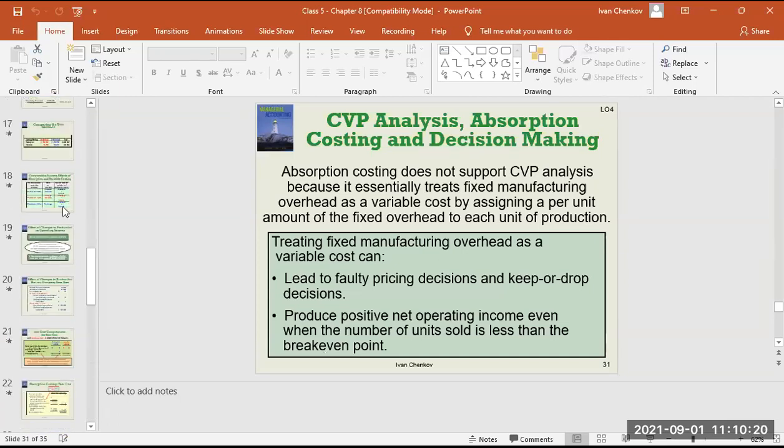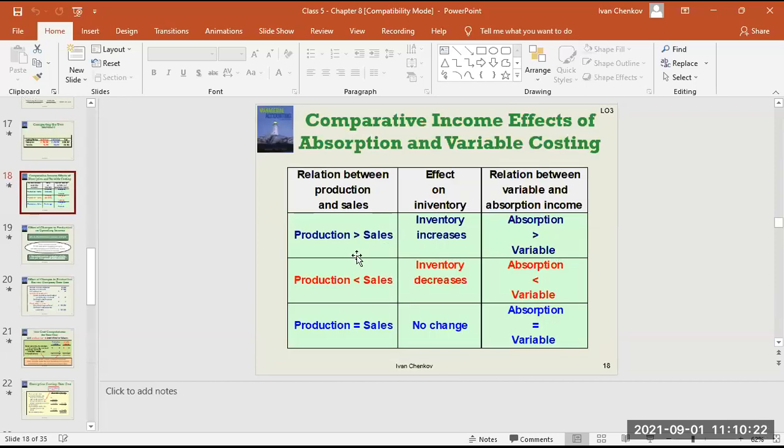You can easily tell the management, hey, I increased the operating income. And if the management doesn't understand the difference between absorption and variable, then you can easily get the bonus. That's one thing that the new manager is doing.